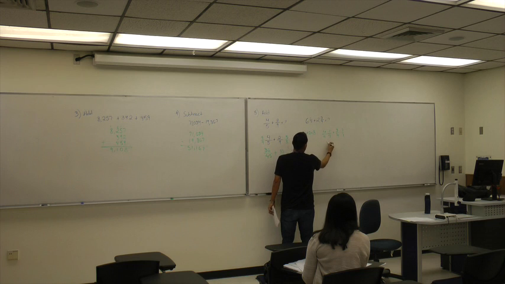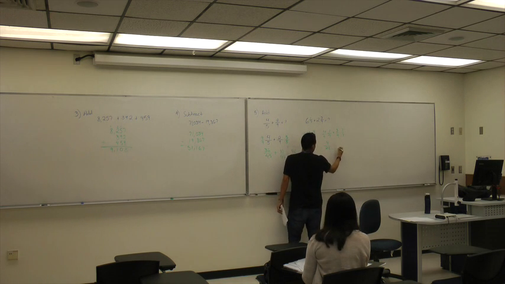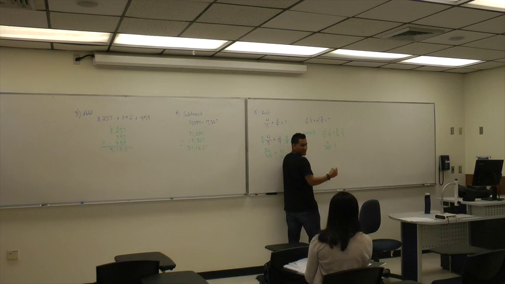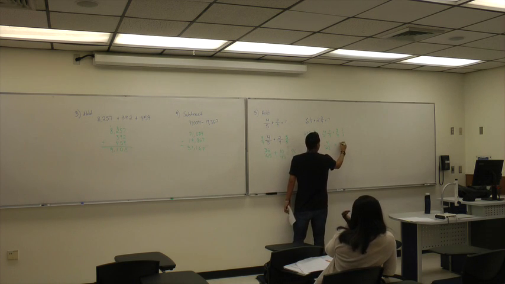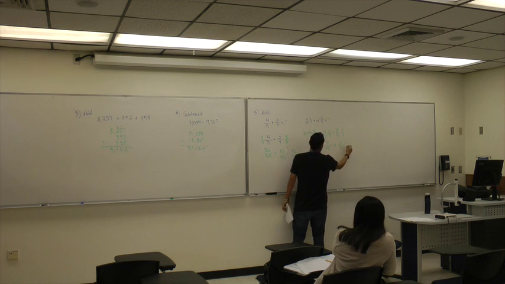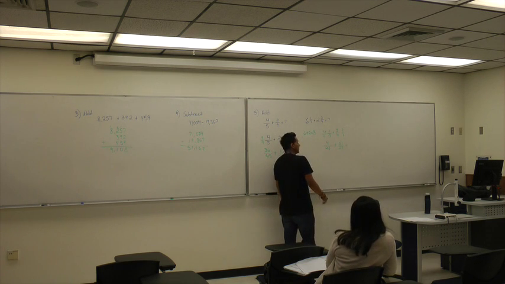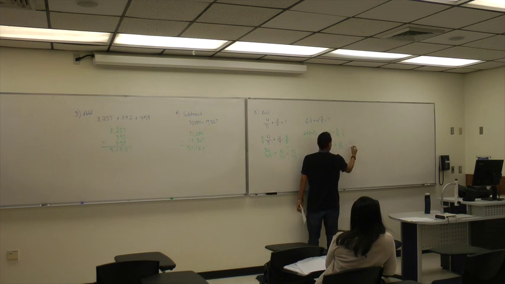4 times 1 is obviously just 4. 4 times 7 will be 28. Plus 3 times 7 will be 21. And then we have 28 again, right? Now we have 25 on top, over 28.